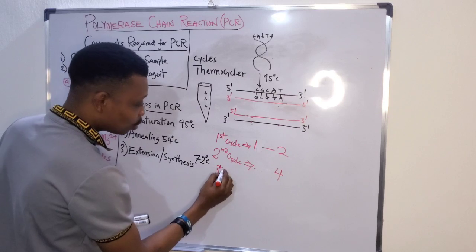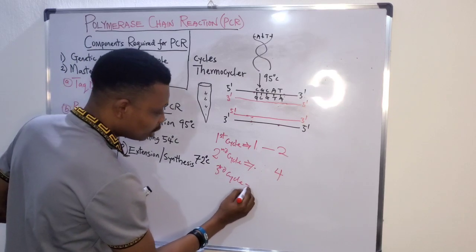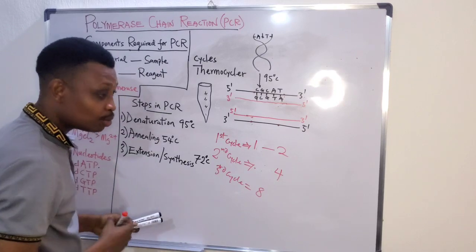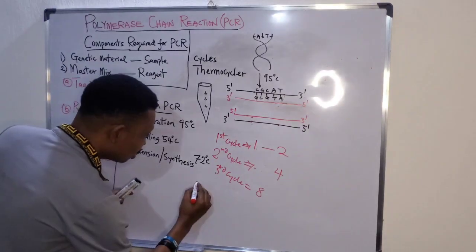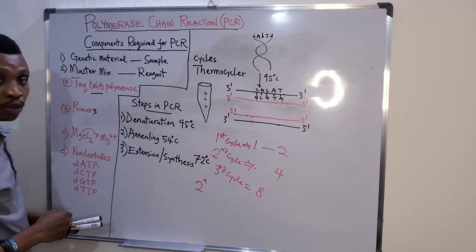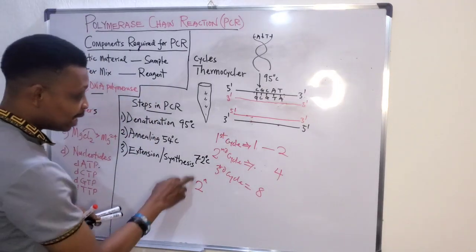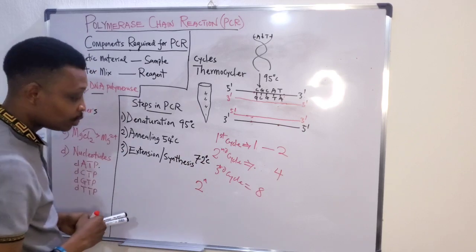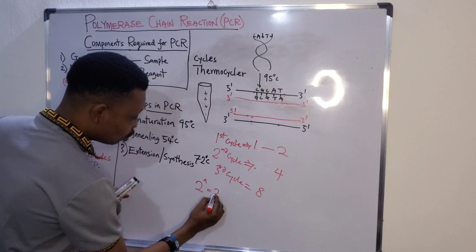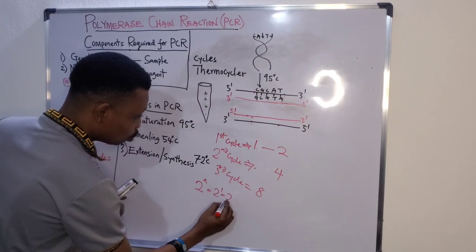In the third circle, we have what? 8. So basically, we can give it a formula and say 2 raised to power what? N. 2 raised to power n. So the n is the number of circle. So when the number of circle is 1, it will be what? 2 raised to power 1, which is what? 2.